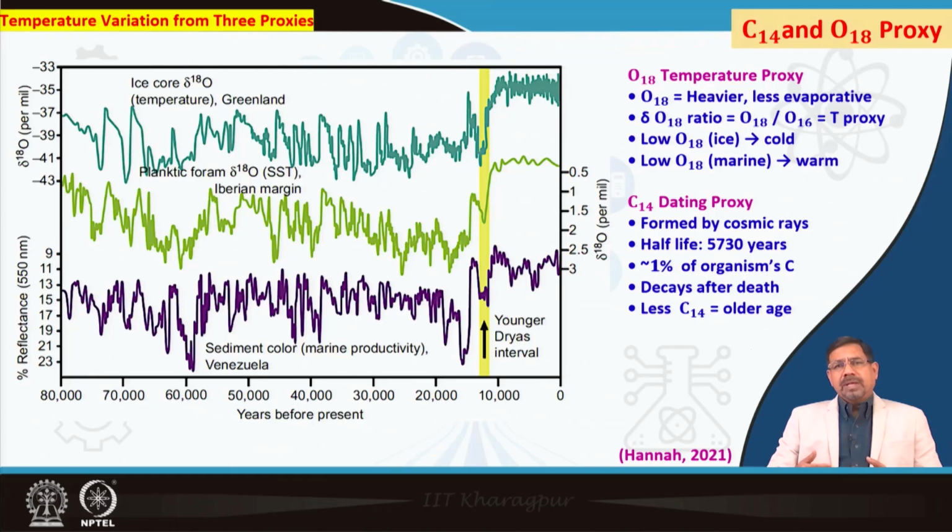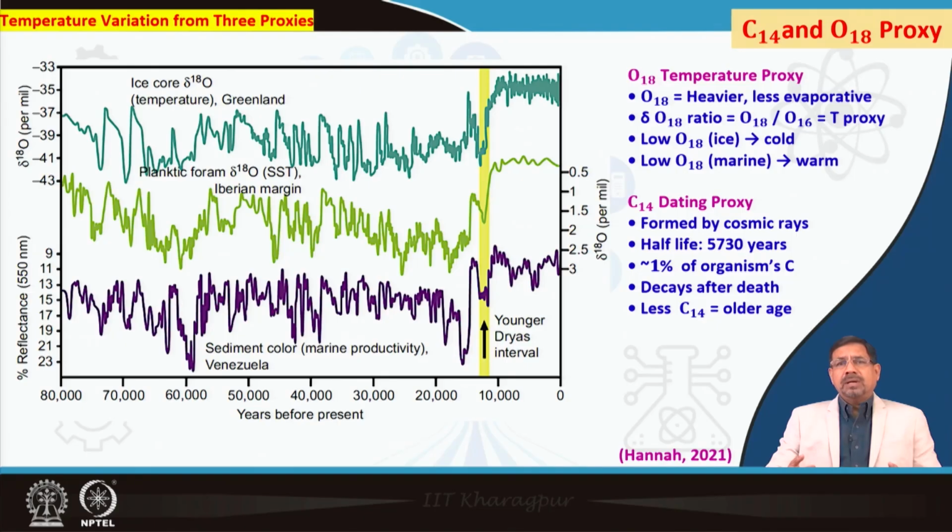So, what does it mean? Low O18 in the ice indicates a cold era or ice age, and in the marine it indicates the warm era.